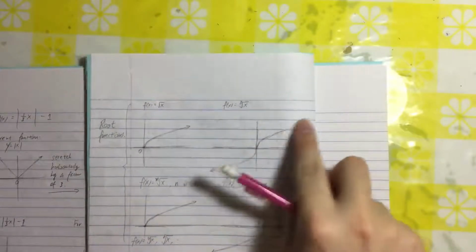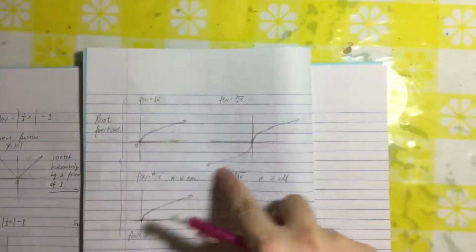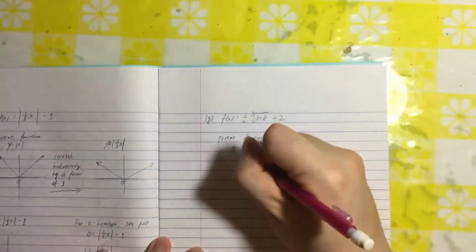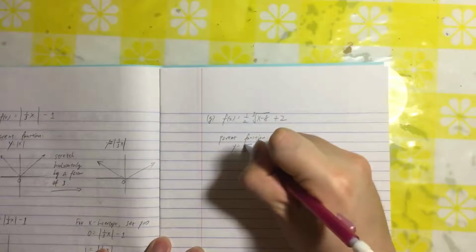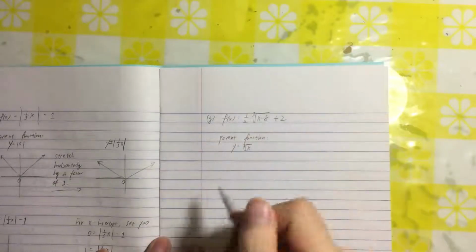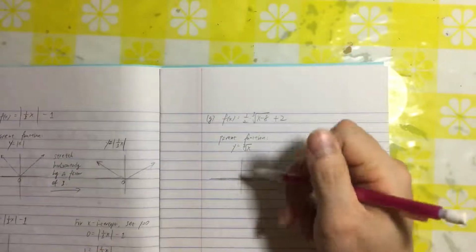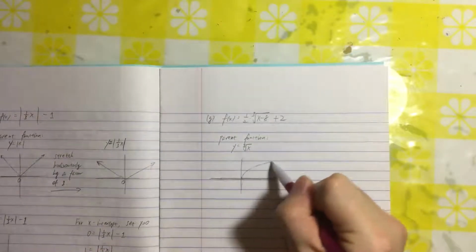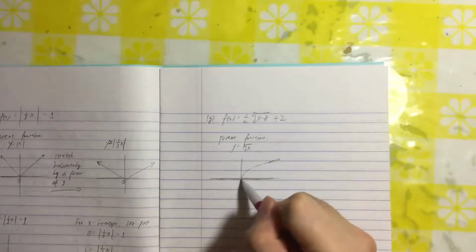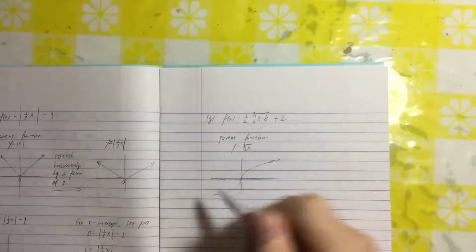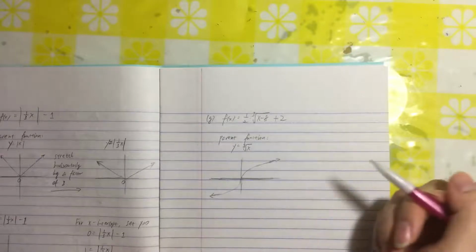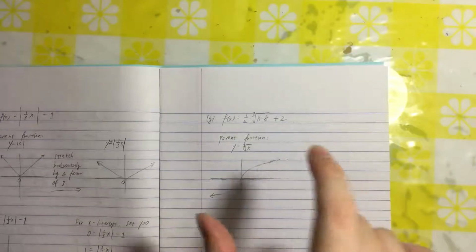The graph of cube root of x looks like this. We need to memorize those special functions. So we use this graph as a reference to sketch a graph for this function.